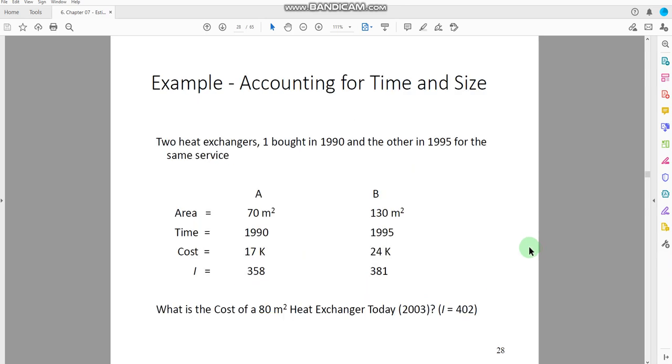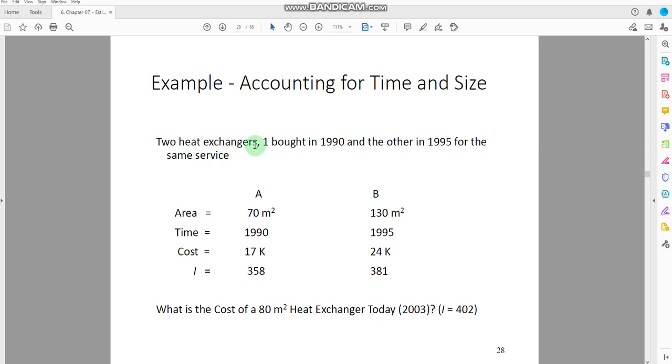Now let us solve this example. Here we have to compare different things, and it is a better example. We are provided with different heat exchangers with different costs and different cost indexes, in different years, and then we have to find out the cost of a different heat exchanger size in a different year. So let us see what we have here.